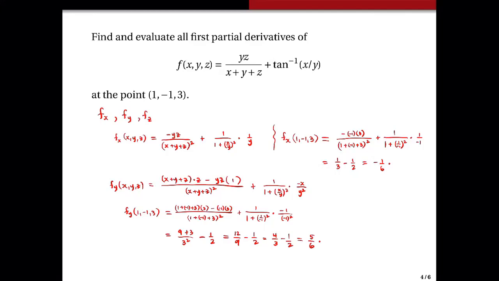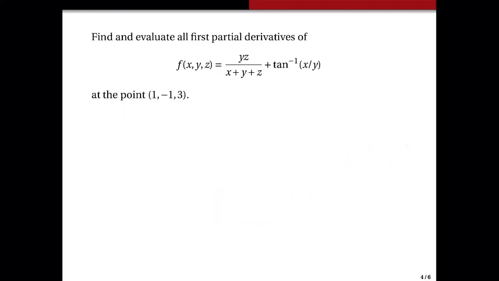Next, f sub z, the partial derivative of f with respect to z. So in this function, we have z in the numerator and z in the denominator. So we apply the quotient rule again.